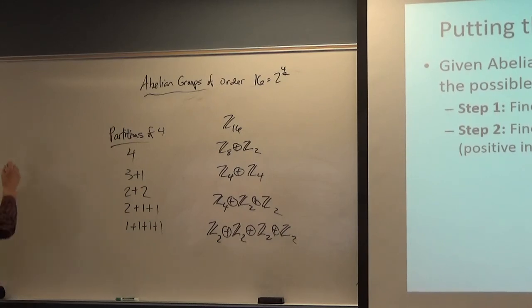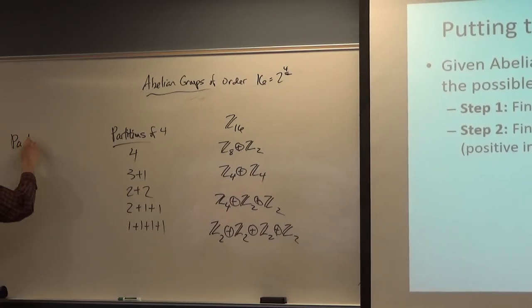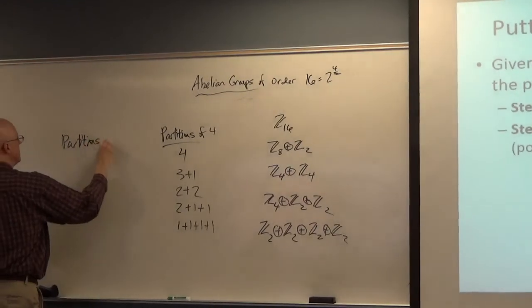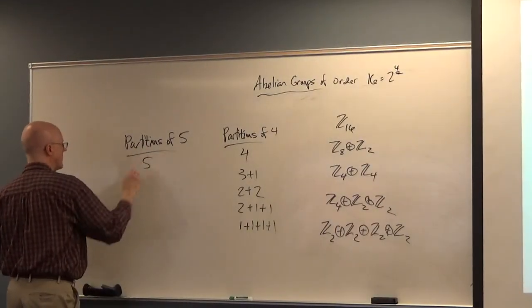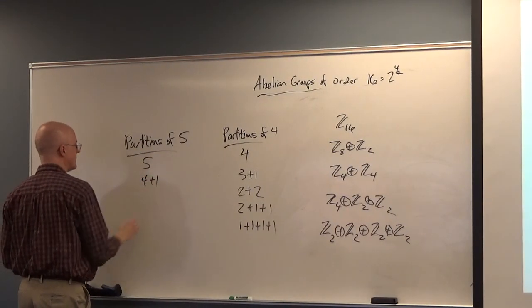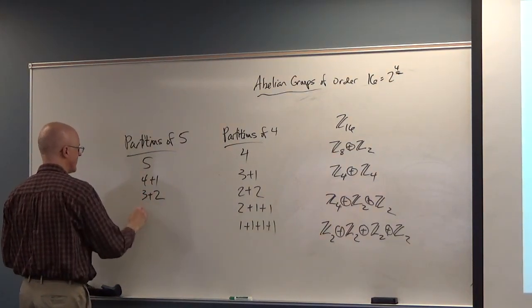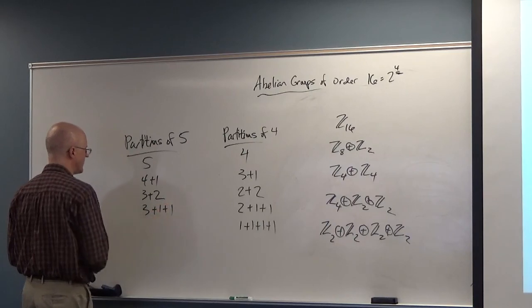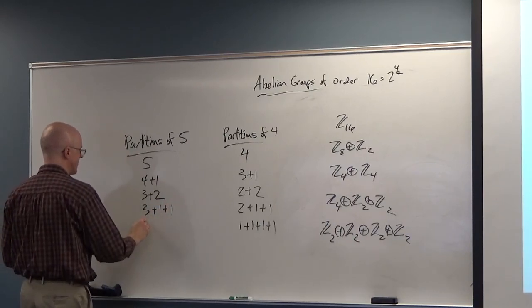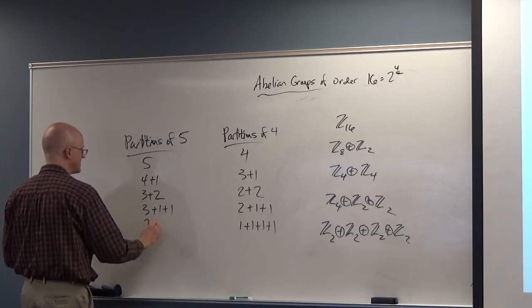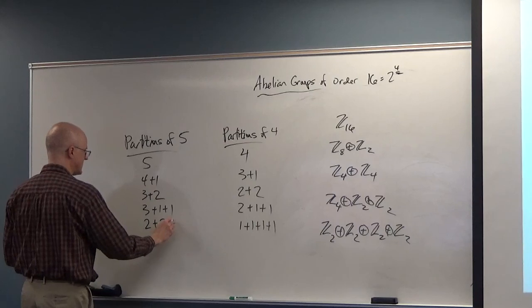Maybe I should quickly write down the partitions of 5. How many of them are there? There's 1 there, 5. There's 4 plus 1. There's 3 plus 2. There's 3 plus 1 plus 1. There's 2 plus 3 has already been used. Am I missing any there? There's 2 plus 2 plus 1.